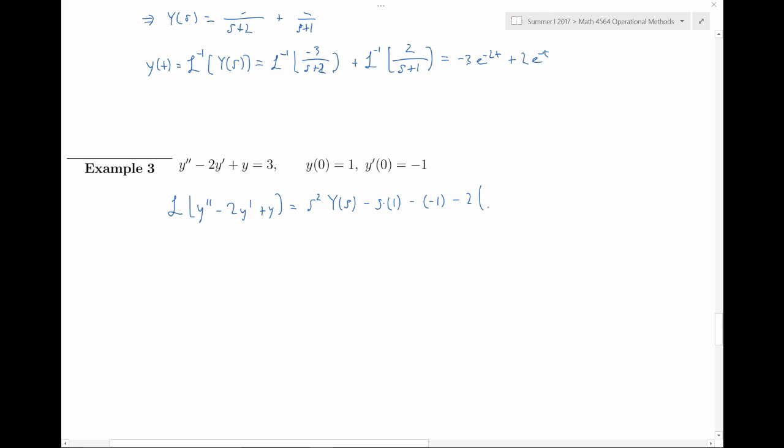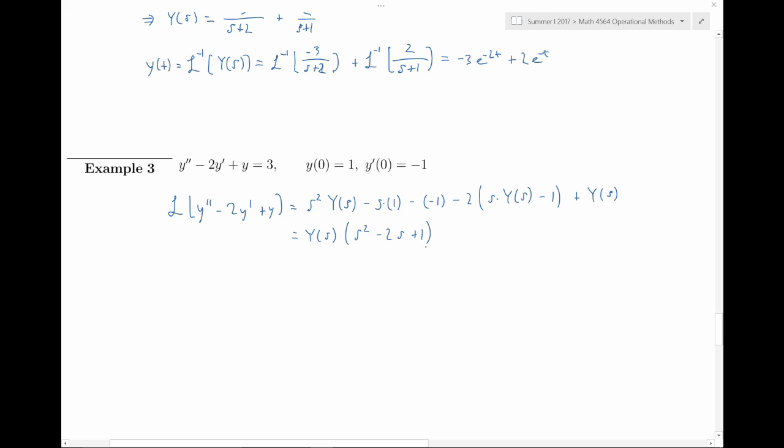Y prime changes into s times the Laplace transform of y minus 1, and y just has a Laplace transform Y of s. We can simplify this into Y of s multiplied by s squared minus 2s plus 1.